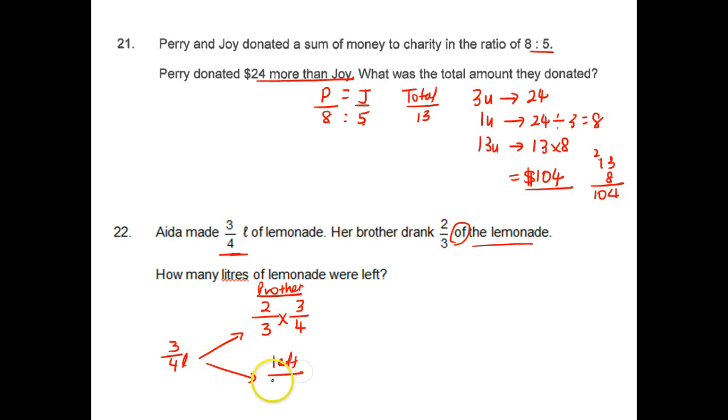Left will be 1/3 times 3/4. So its answer is 1/4 liter. So the brother actually drank 2/4 liter. You see that 2/4 plus 1/4, answer is 3/4. Alright, so how many liters of lemonade were left? It is 1/4 liter.